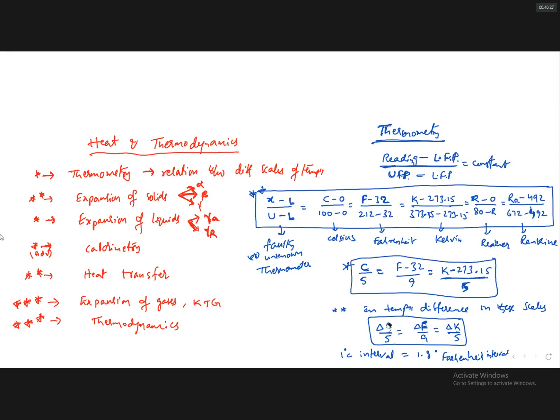But here, if we want to convert a 10 degrees Celsius interval, for example, the difference in temperature between 30 degrees Celsius minus 20 degrees Celsius, the change in temperature in Celsius scale is 10 degrees Celsius.